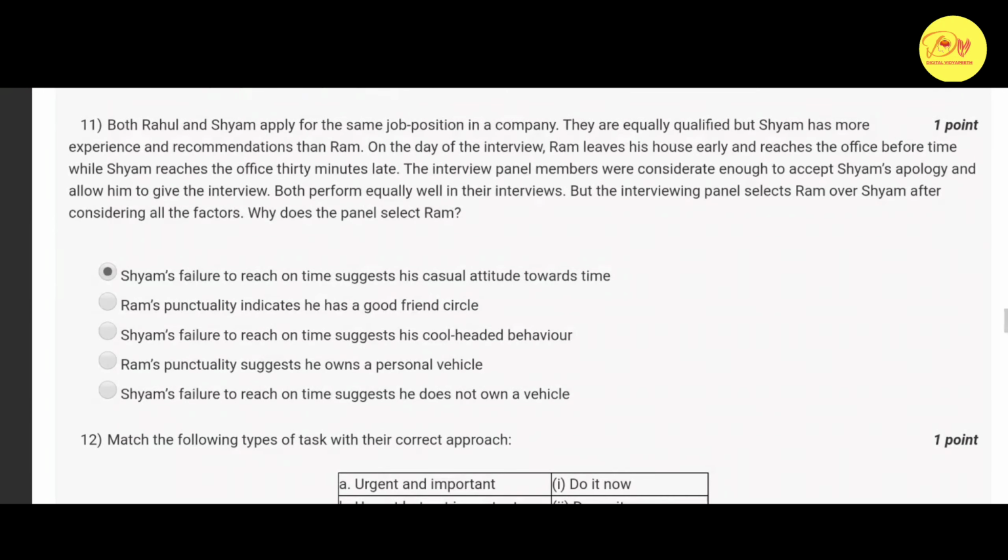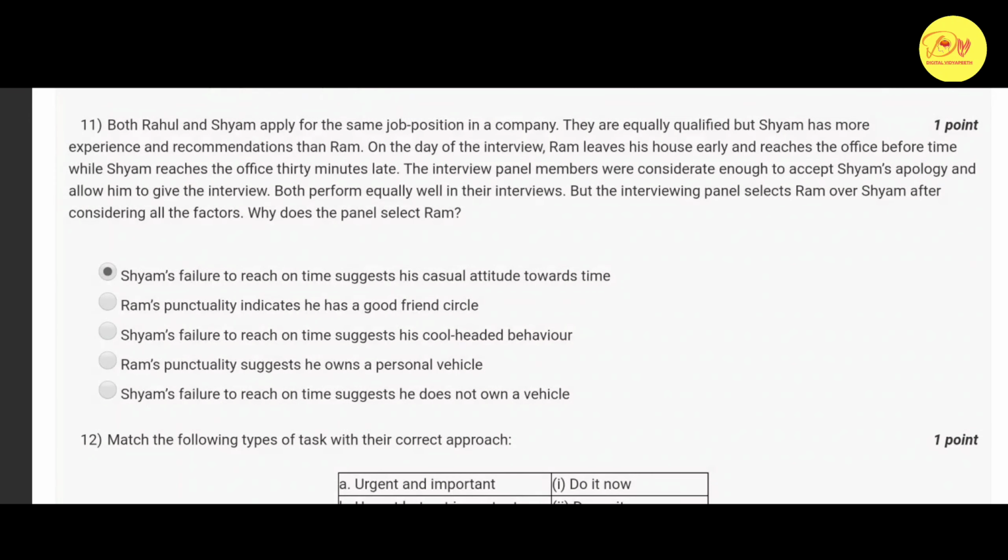Our 11th question is both Ram and Shyam apply for the same job position in a company. They are equally qualified, but Shyam has more experience and recommendation than Ram. On the day of the interview, Ram leaves his home early and reaches the office before time, while Shyam reaches the office 30 minutes late.